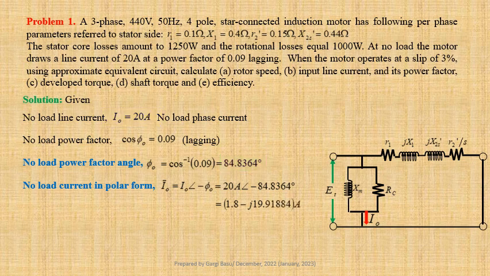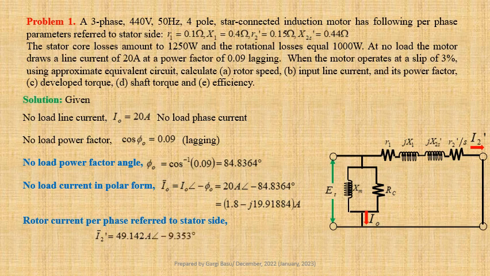We have determined rotor current per phase referred to stator side I2 dash equals 49.142 ampere at an angle minus 9.353 degree. This may be written in Cartesian form as 48.4887 minus j times 7.98639 ampere.